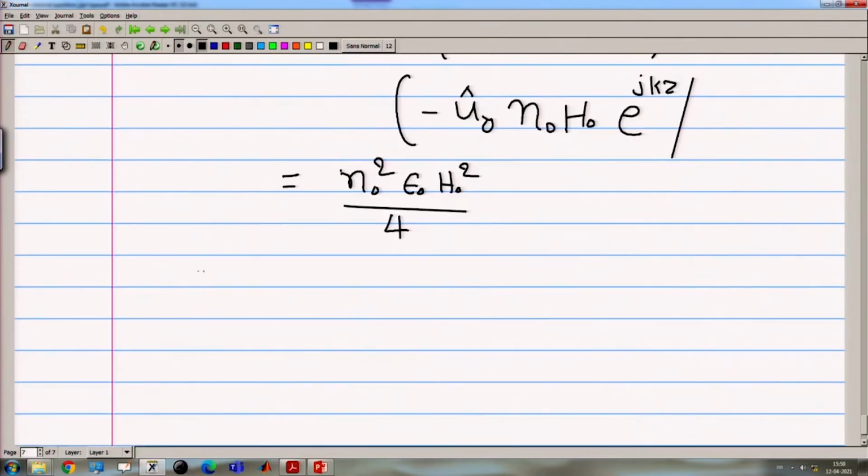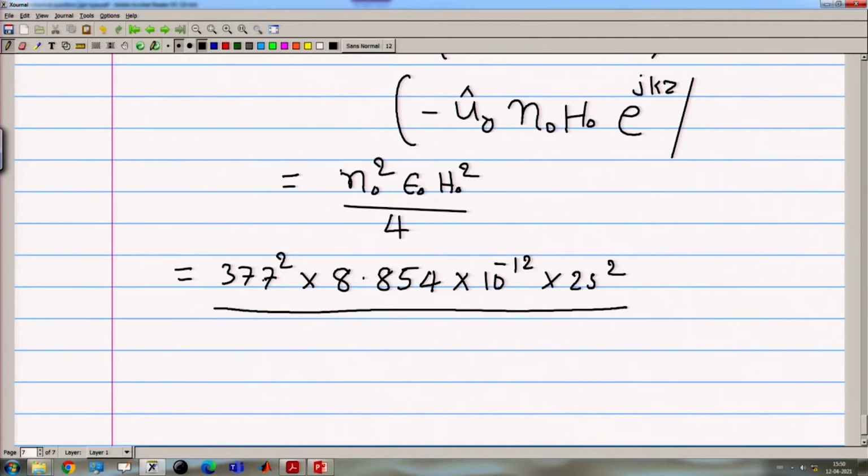So, we can substitute eta naught is 377, epsilon naught in the free space 8.854 into 10 to the power minus 12, into H naught whole square divided by 4.